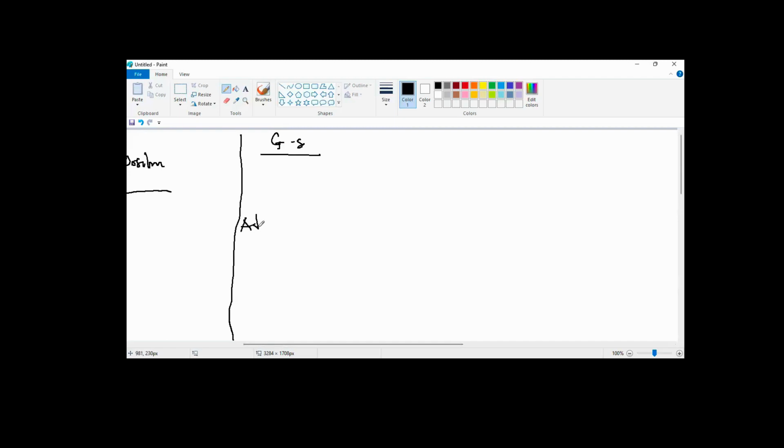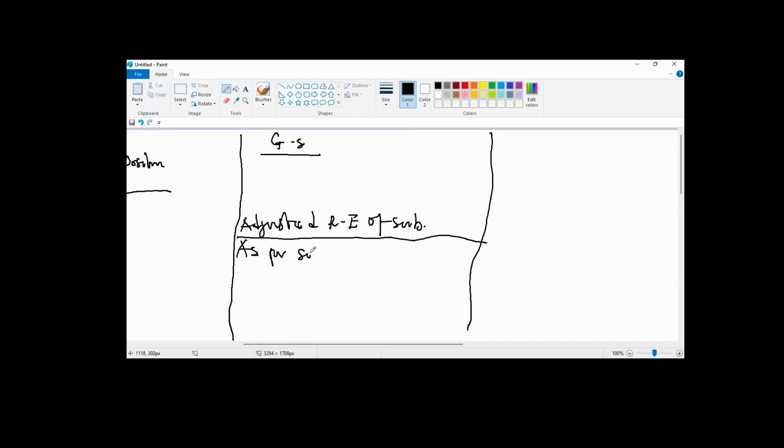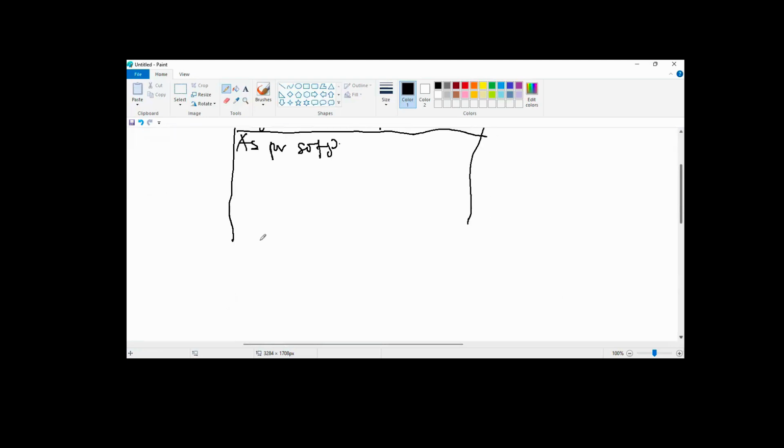We need adjusted retained earnings of the sub as per SOFP. I also need determination of net assets. I'll open that. It's okay.